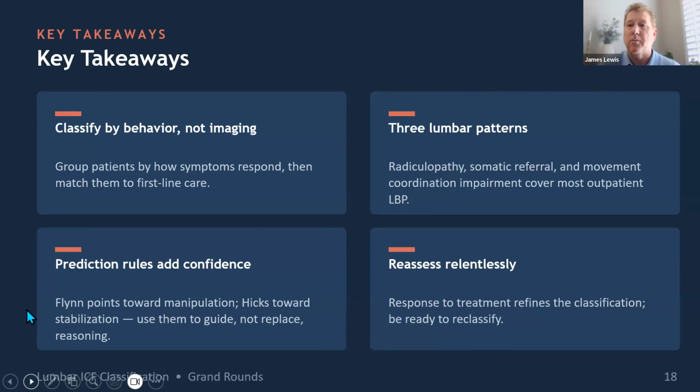We can start with medical management and so forth. If you go down the road and it's not helping, then at least you know I've done everything I can, everything I should to make this better. And at some point, maybe we need additional help. That's really where the reassessment comes in. Reassess relentlessly, always looking to see, do I need to move classifications or do I need to send them back to the doctor because they're honestly getting worse?